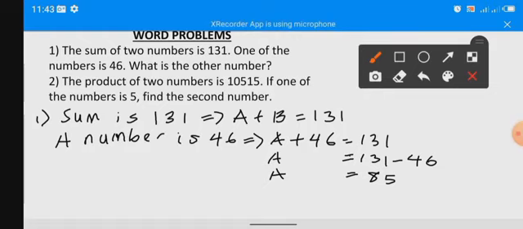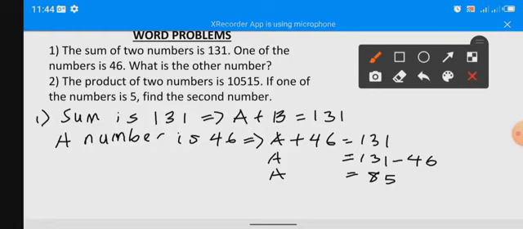Inshallah, we are starting off on word problems with these questions. Word problems could involve addition, subtraction, multiplication, division, and other mathematical operations.